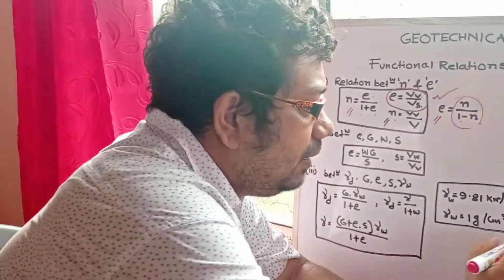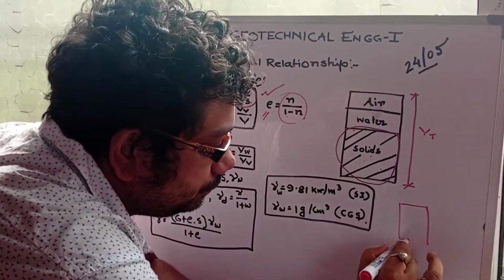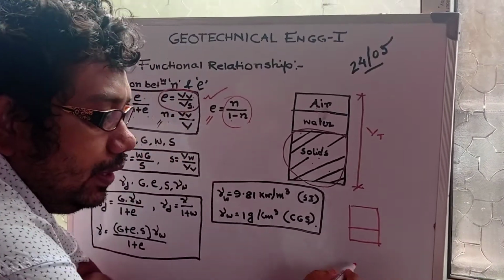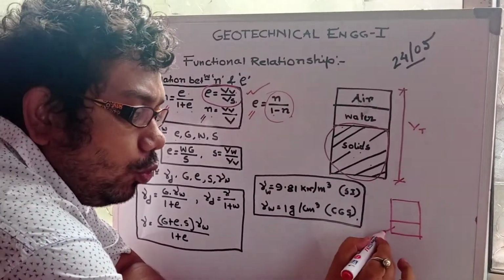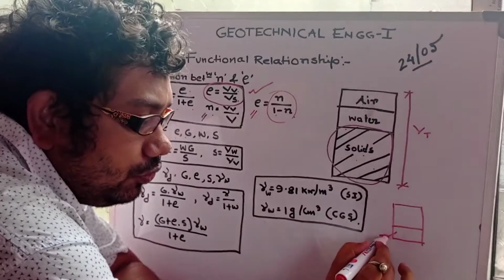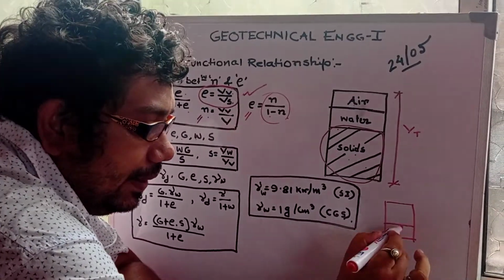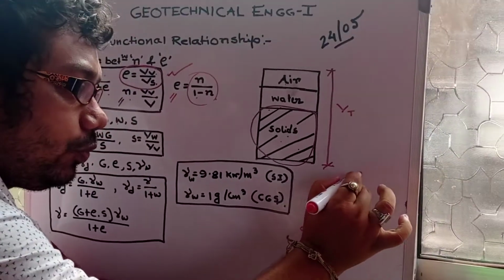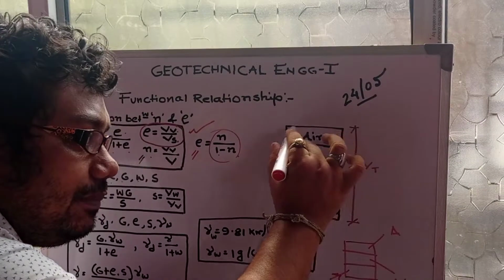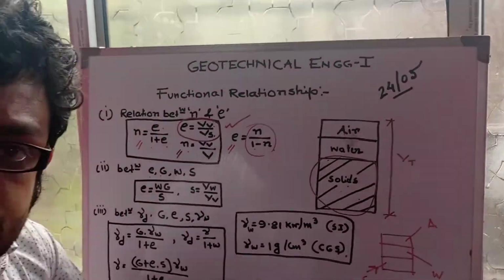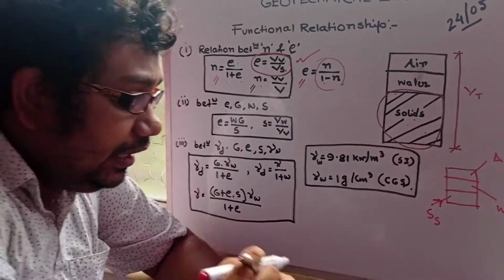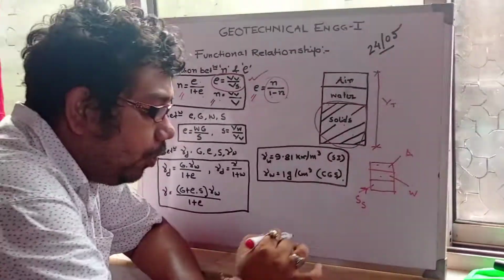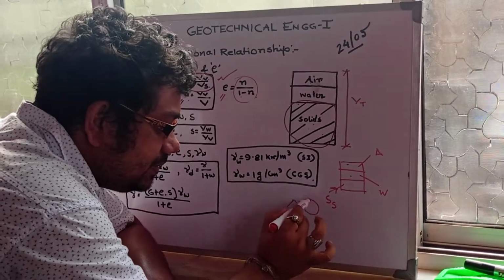For example, in this soil three-phase diagram, the bottom part is occupied by the soil solids, this part by the water and this part by the air.